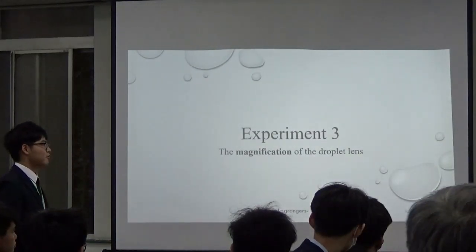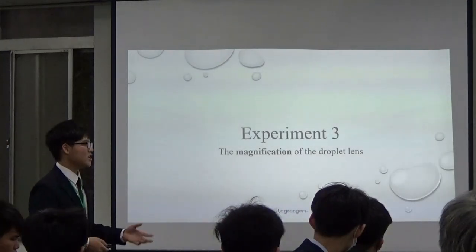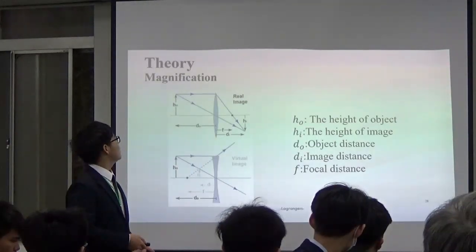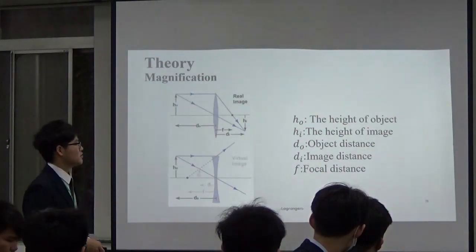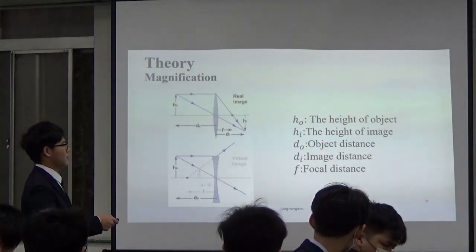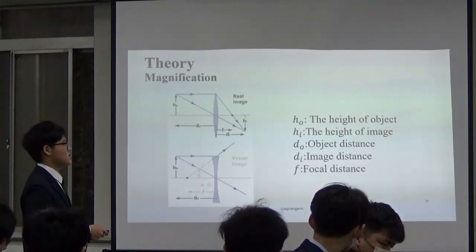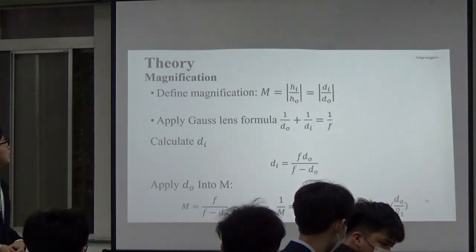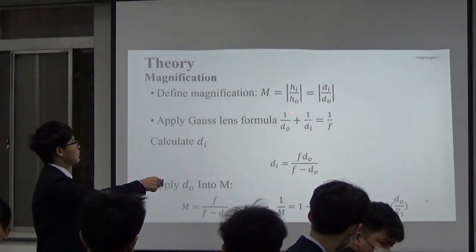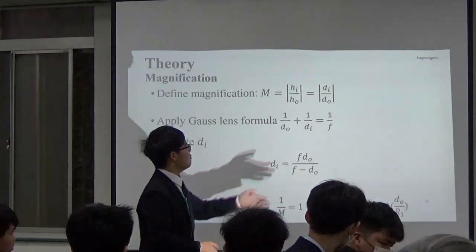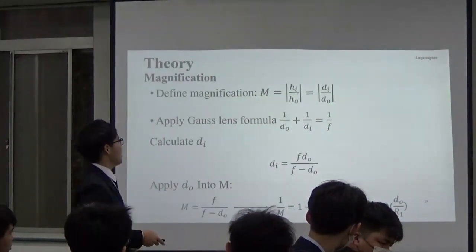And in our experiment 3, we want to discuss the magnification of the droplet lens. Here are the height of the object, the height of the image, the object distance, the image distance, and the focal distance. We define the magnification as this: the image and the object's distance and height.